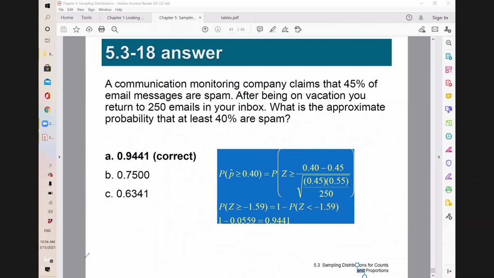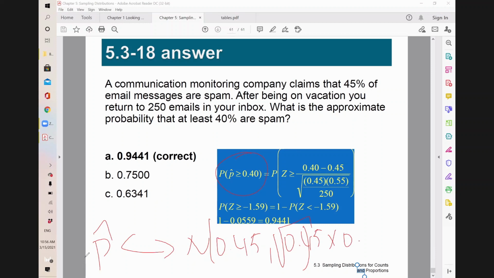So to summarize: first, I have to write this expression because the question requests the probability of p hat more than 40%. After that, the main important point is that p hat is a normal distribution whose mean is p, and its standard deviation is the root of p times 1 minus p over n, which is 0.45 times 0.55 divided by 250, all inside the root, and then we close the parenthesis.